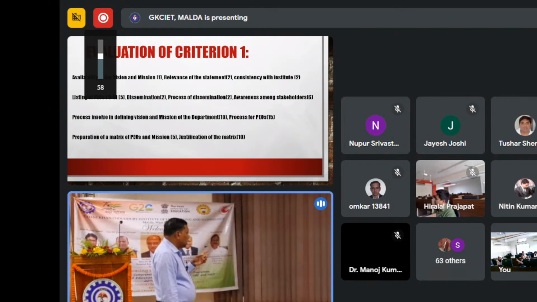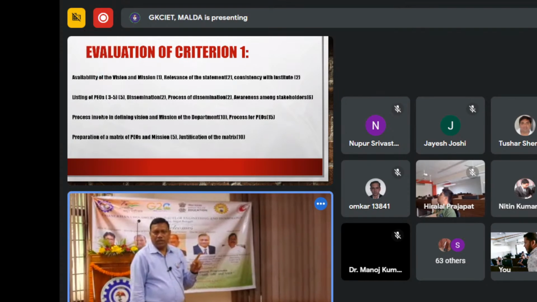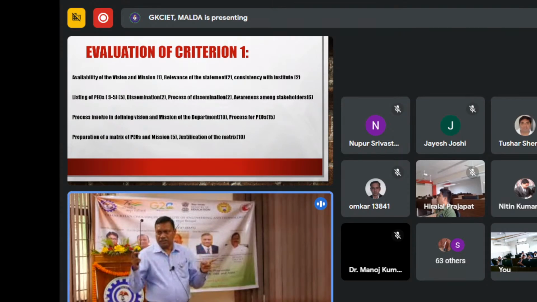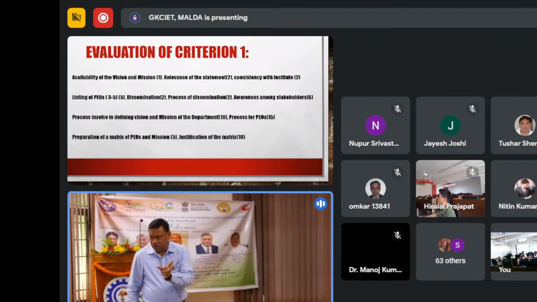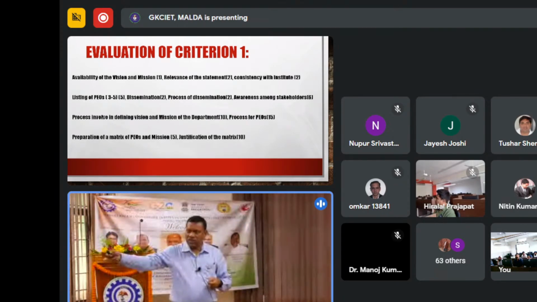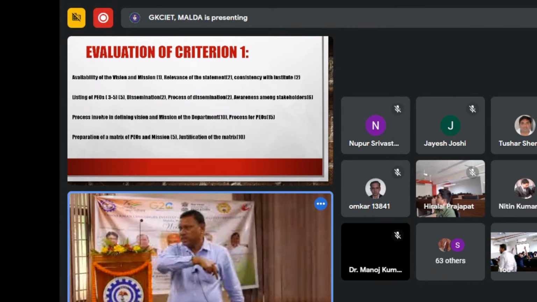Similarly, if you go for this matrix and mission, I have already told you, you can manage that. You can get 5 out of 5 marks if your justification is correlating with that. You should not see them separately. Justification has 5 marks and your preparation matrix of POs is also 5 marks. But if you are losing marks in justification, that will get reflected in the matrix.